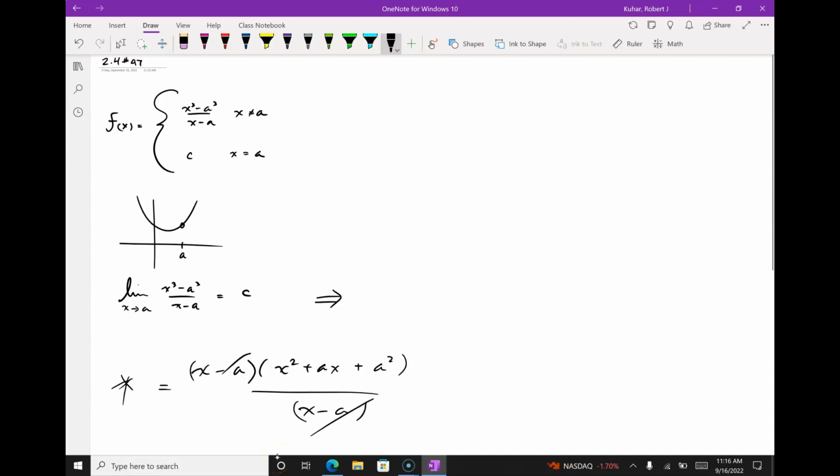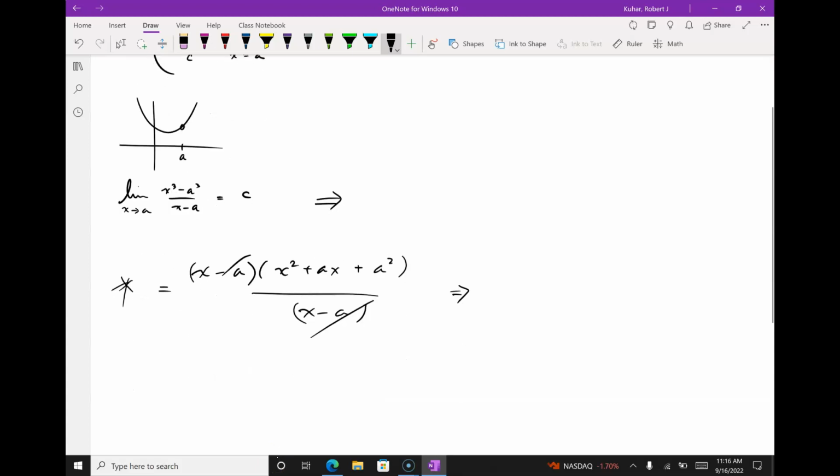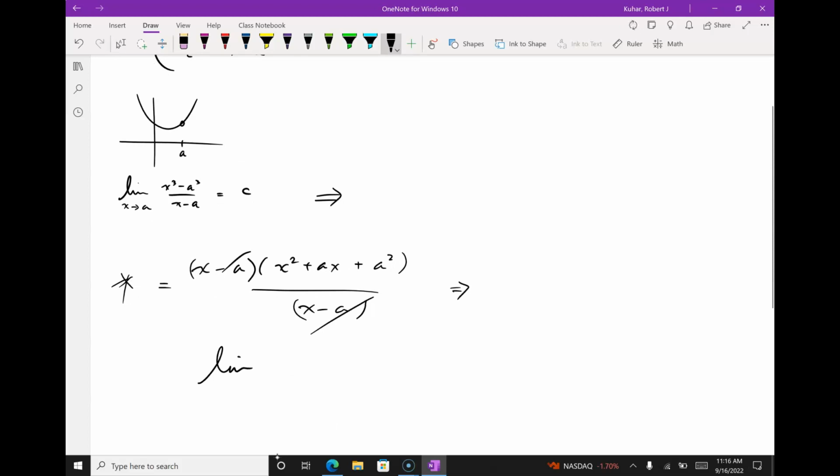Yeah? So I have to get the limit as x goes to a of x squared plus ax plus a squared equal to c. And so the question is, what's the value of c in terms of a? But it's pretty obvious, right? X is going to a, yeah?